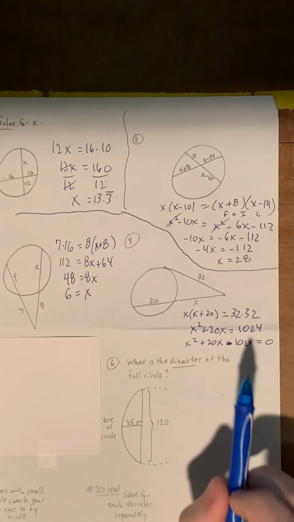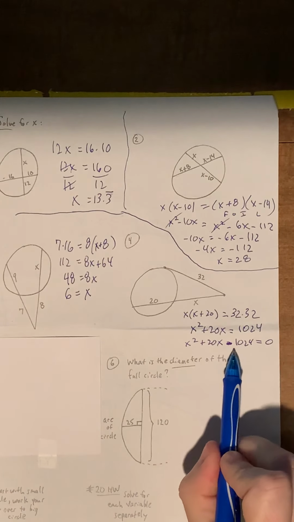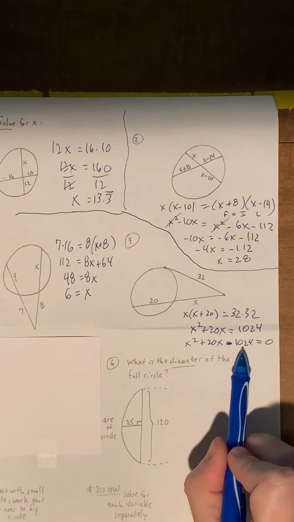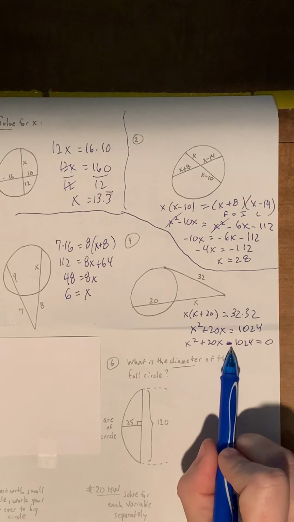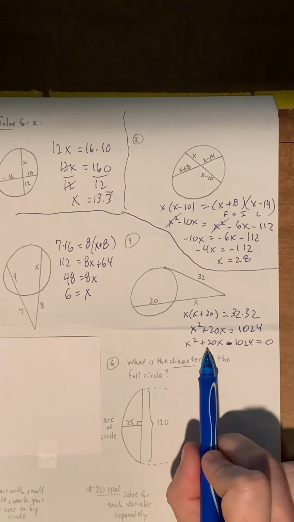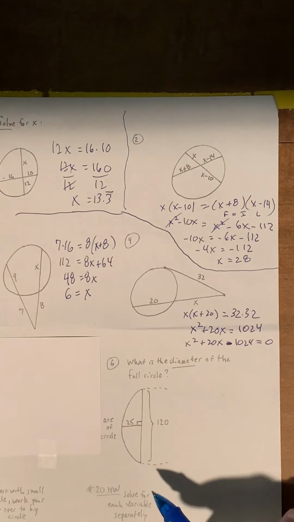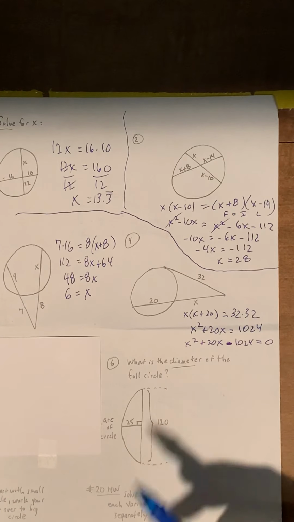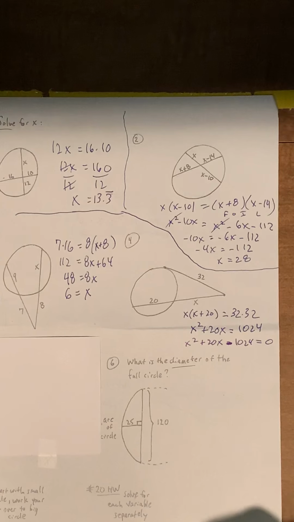Now, this is a pretty big number. And if you're going to think of factors of 1024, one positive, one negative, that add to give you 20, you might be here a while, possibly. And you know what? It might not even factor to whole numbers.